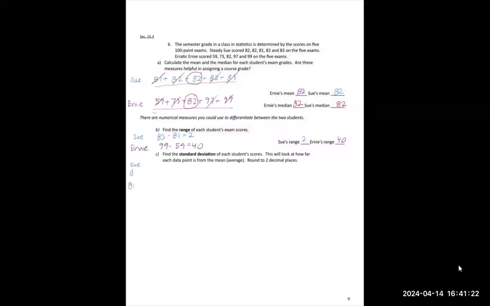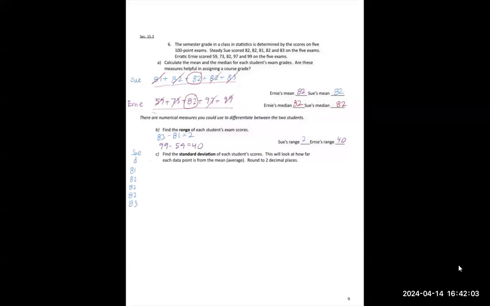So it was 81, 82. Let me move this up a little bit. I have a feeling we're going to need this space. So those are her different test scores.